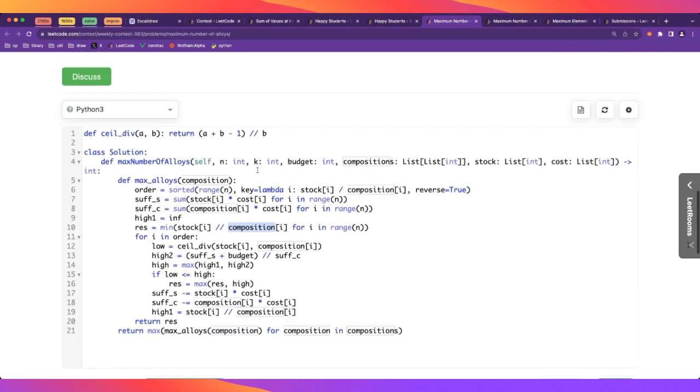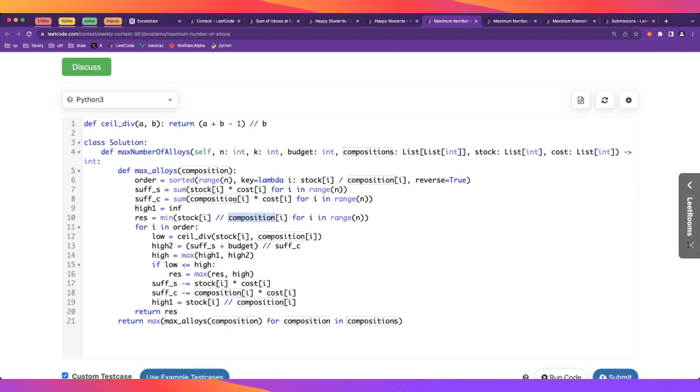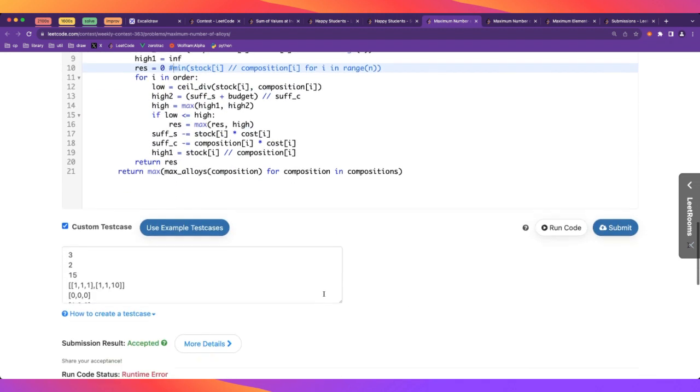So that means that we are dividing by 0. Composition cannot be 0. So let's say that we remove this.